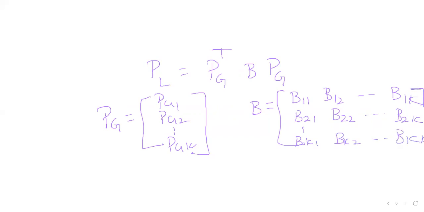So this B matrix is a symmetric matrix. That's why Bmn equals Bnm, because it is a symmetric matrix.